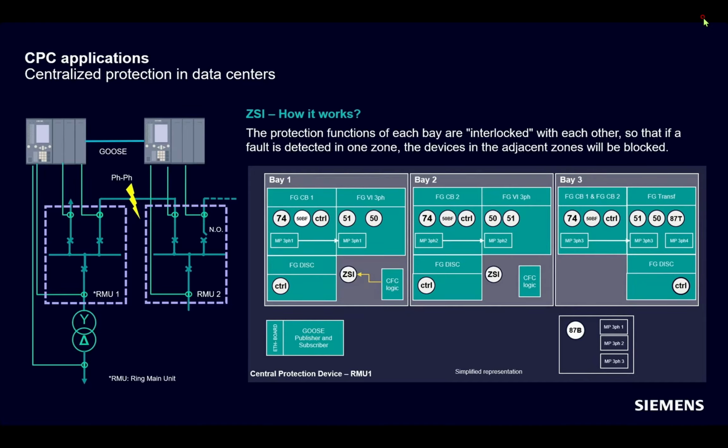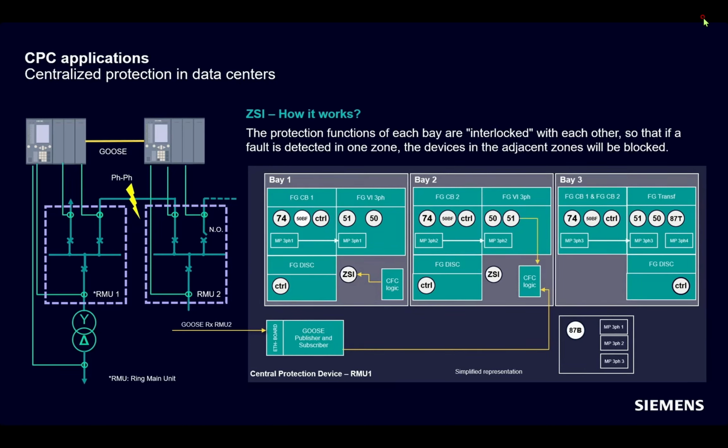Okay, let's see. This bay doesn't see the fault, as we have an open point in the ring. Then, via, for example, GOOSE, this device sends the no-pickup information to the CPC at the left side. The GOOSE is received, and the logic of the zone scheme interlock starts.